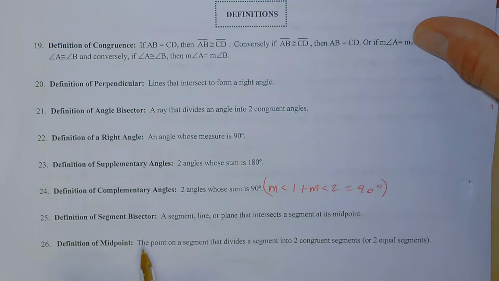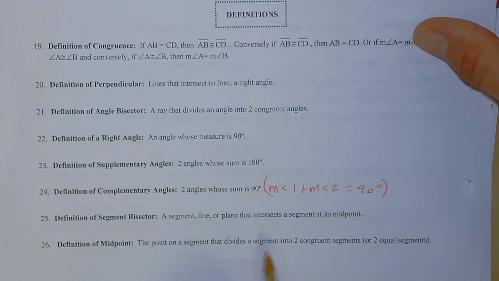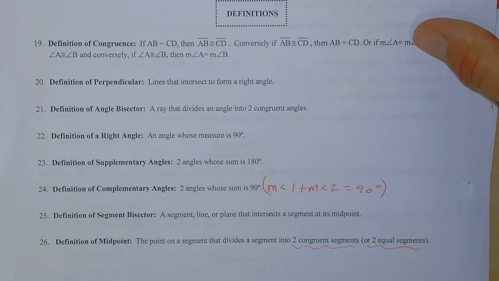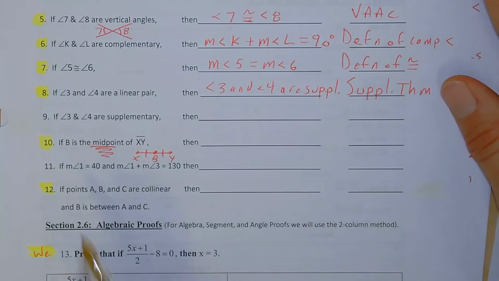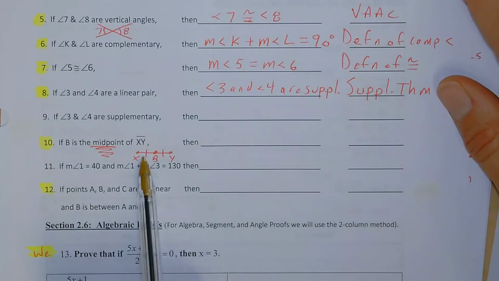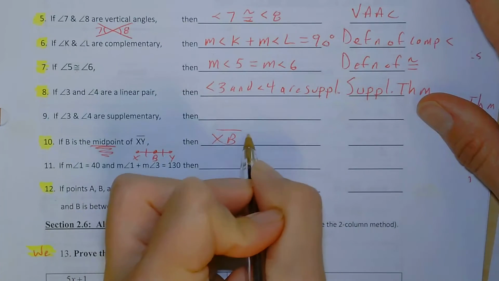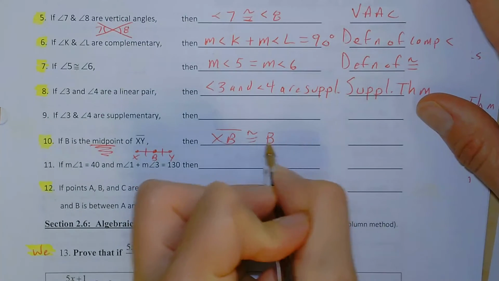So it says a point on a segment that divides a segment into two congruent segments, or sometimes we say two equal segments. I'm going to use the congruent part because that's what came first. Okay, so come back over here, and if you look at what would be congruent from the picture, then segment XB would be congruent to segment BY.